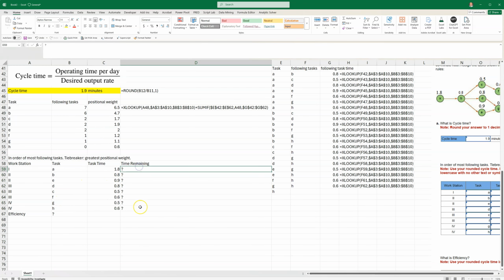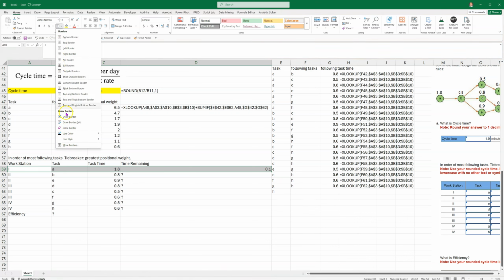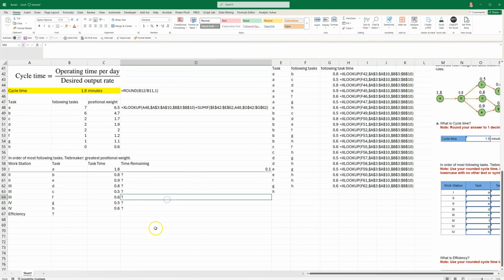So now we got to do the time remaining, right? The time remaining on this one is equal to my takt time, or my cycle time, minus how much this took. So we have 0.1 remaining. So we only have 0.1 minutes remaining after he does this. So that's why this workstation has to be by itself, because there's no other task following that which takes only 0.1.